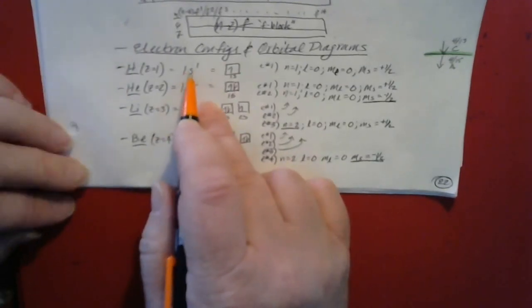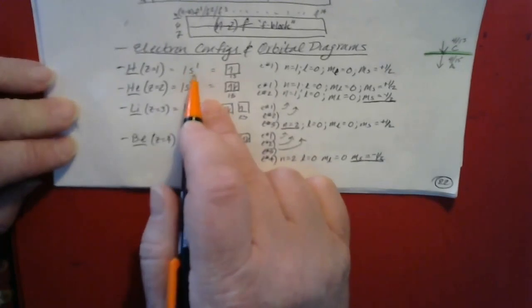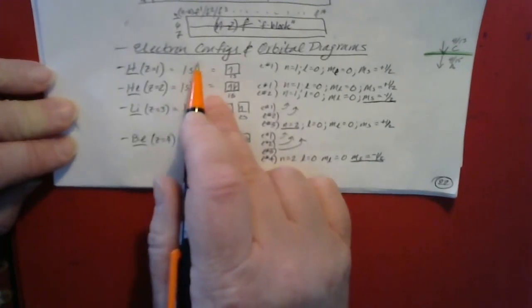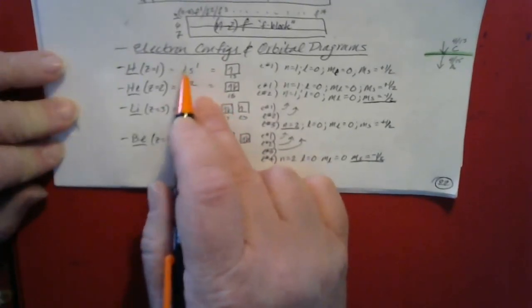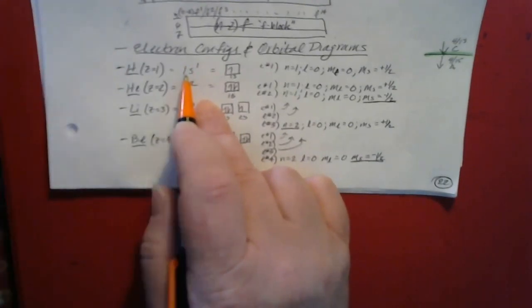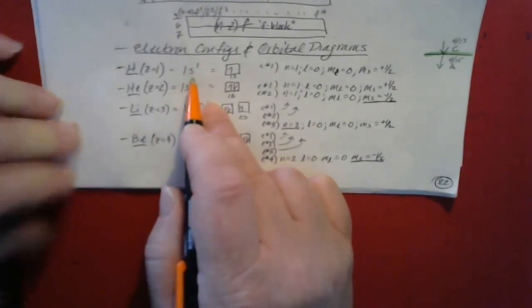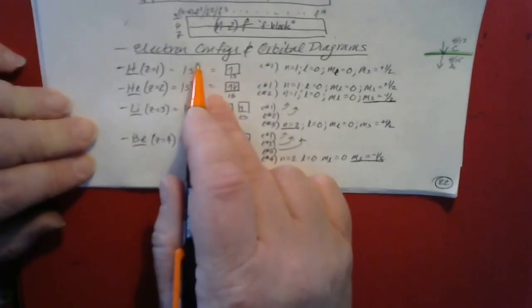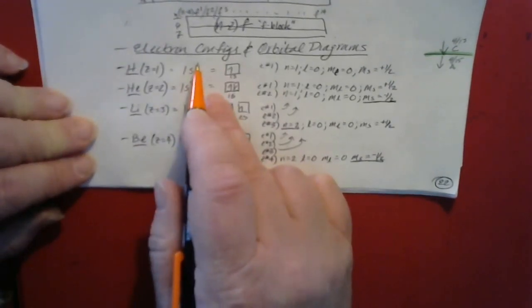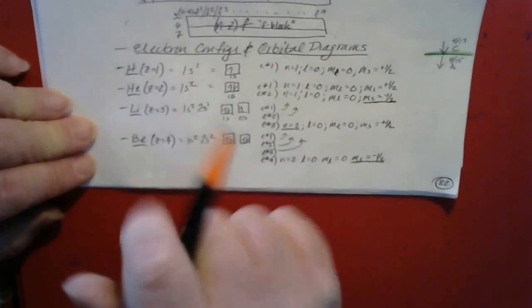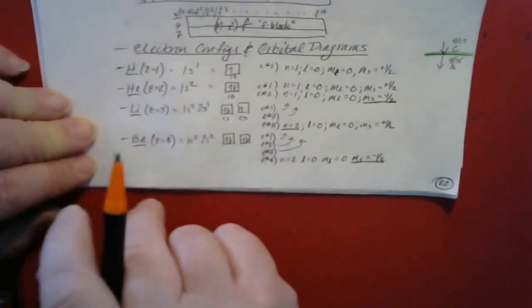So that's where it goes. And you designate that there's 1 electron in the S-type orbital of shell number 1 by writing 1s1. The big 1 in the front represents shell number 1. The s represents an S-type orbital. And the superscript 1 indicates that there's 1 electron in that S-type orbital in the first shell.